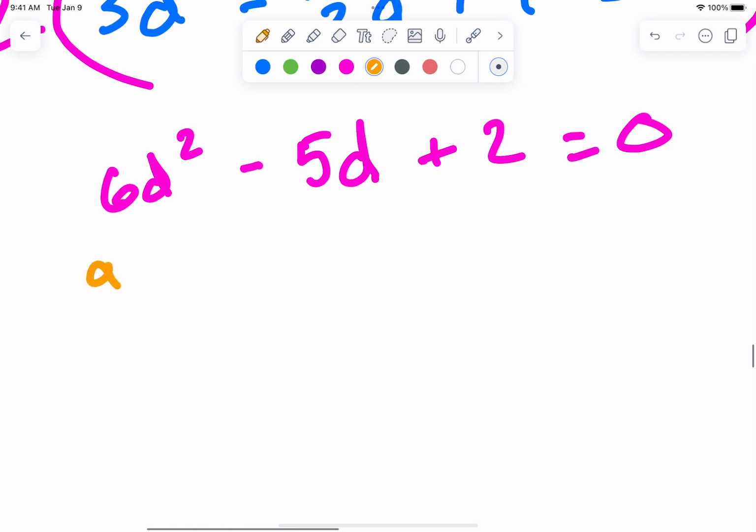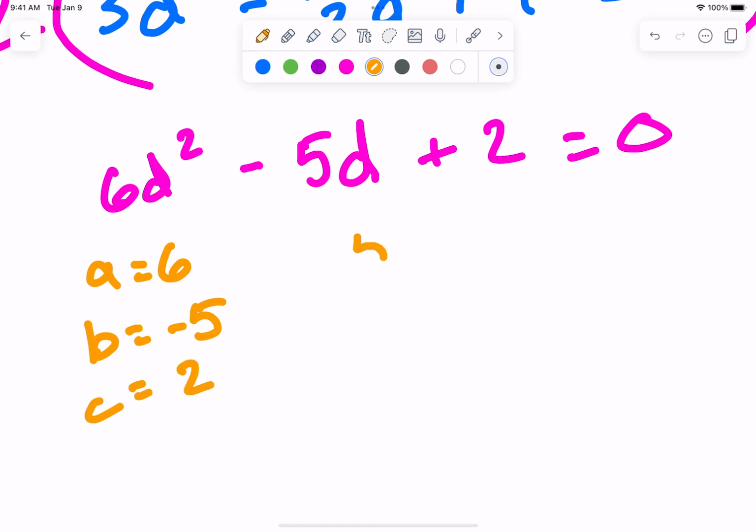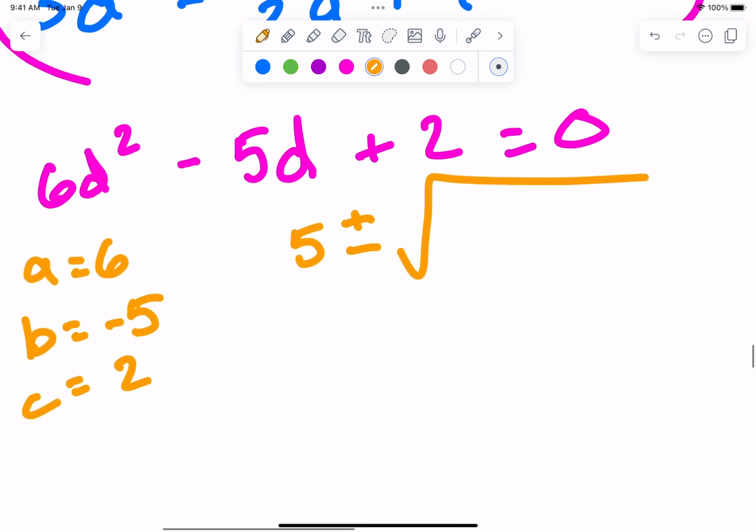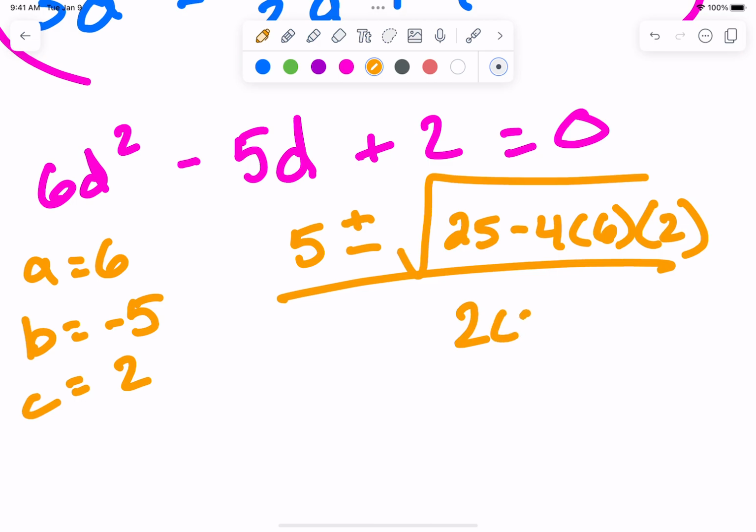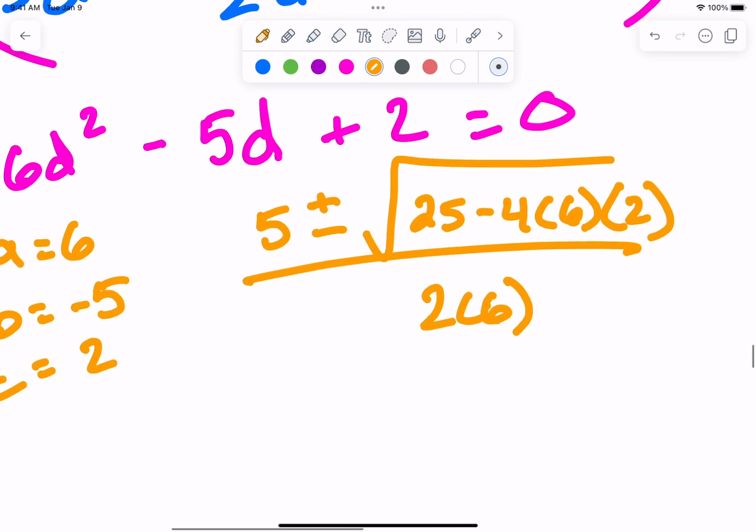So A, B, and C. Okay. Negative B will be positive 5 plus minus square root B squared. What's B squared going to be? 25. Minus 4A times C over 2A. There we go.